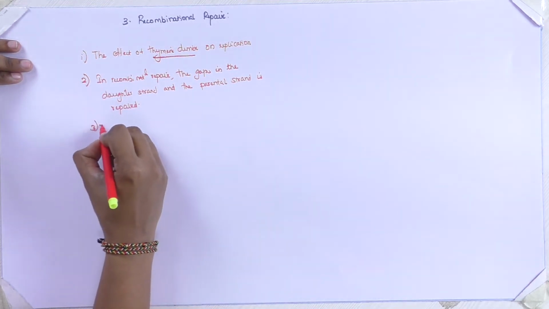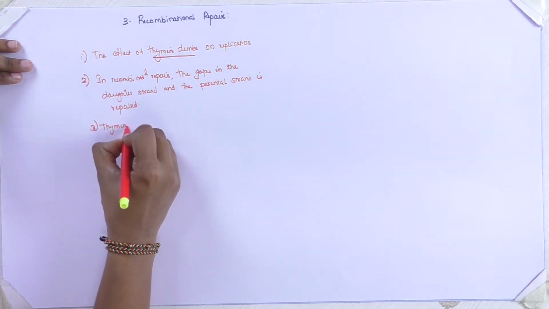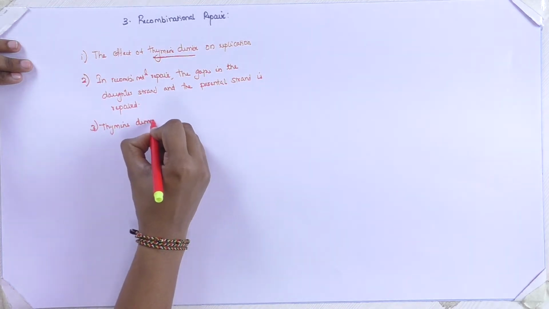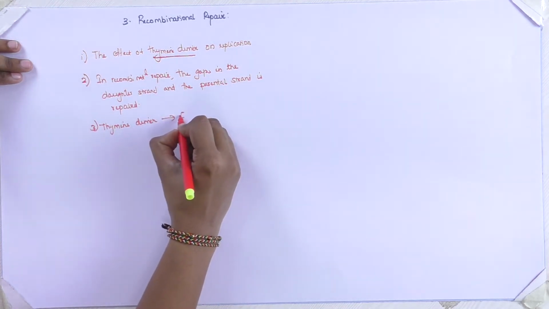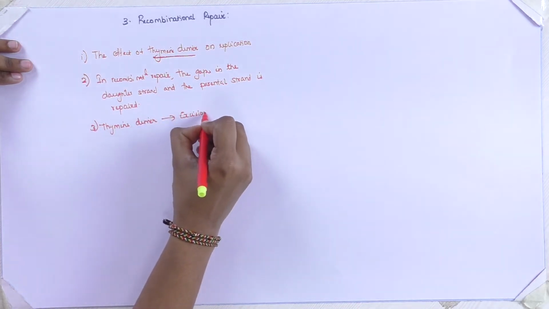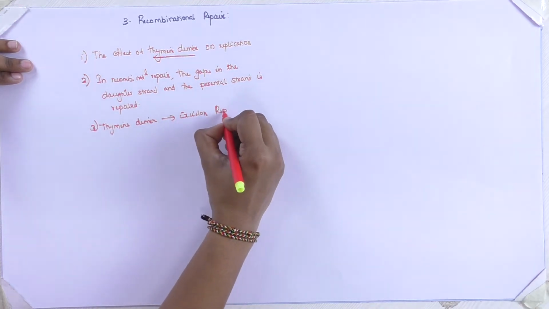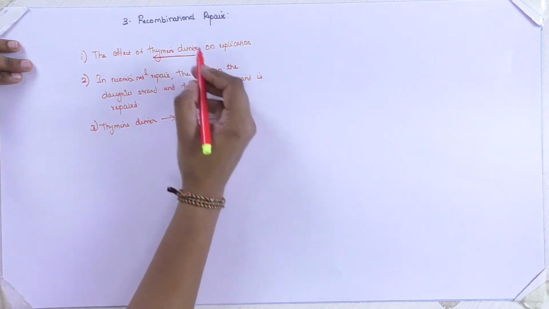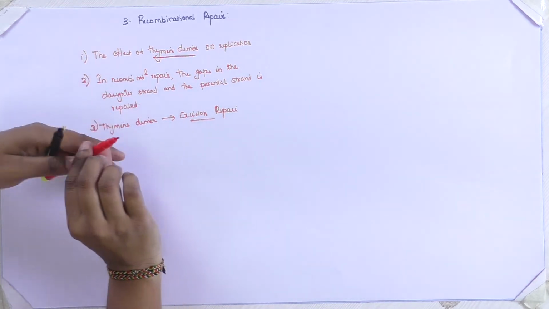The third one is that the thymine dimer is removed by excision repair, so it is not going to affect your replication process. So you have the involvement of two processes, excision repair as well as recombinational repair.